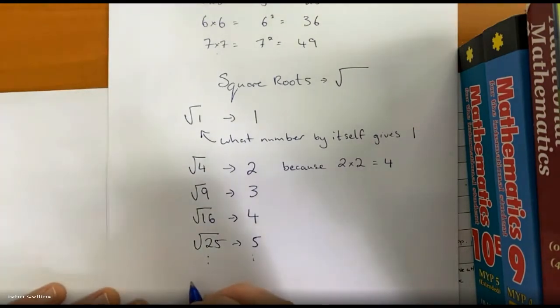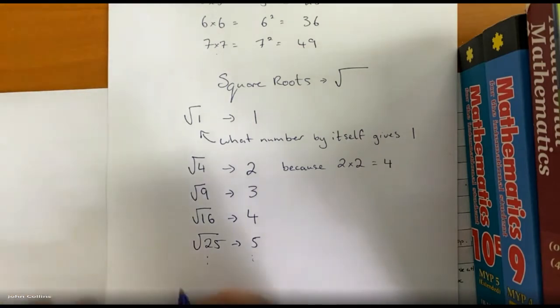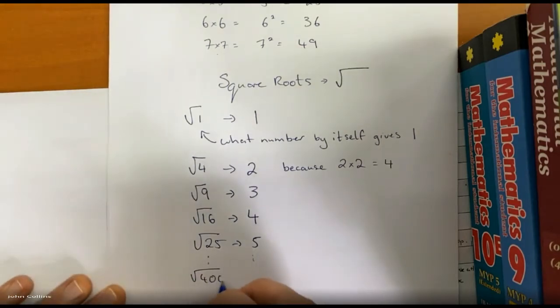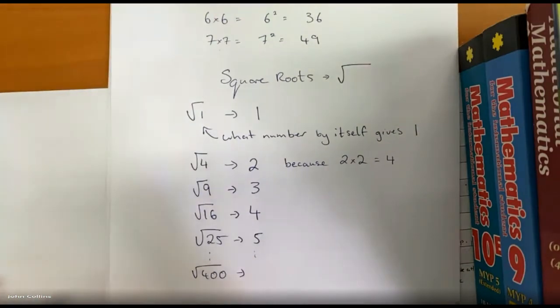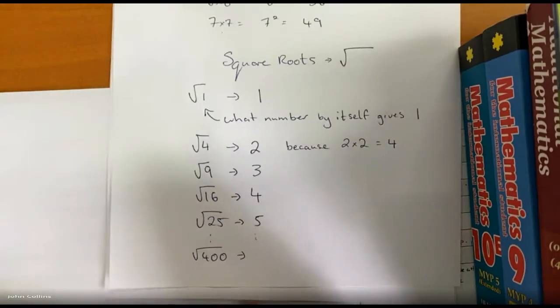What about the square root of, let's do a tricky one. Let's say the square root of 400. Now that's a tricky one. Anyone know the square root of 400? 20? Yeah, 20. What number by itself gives 400?